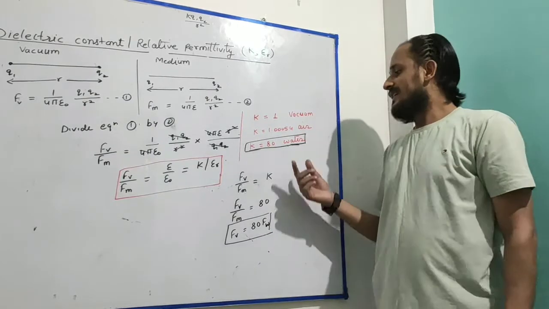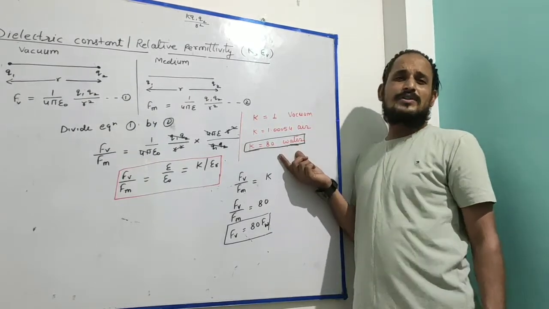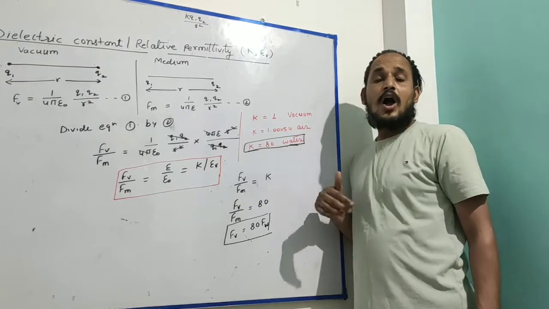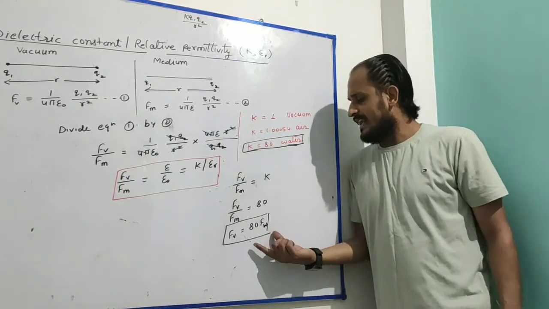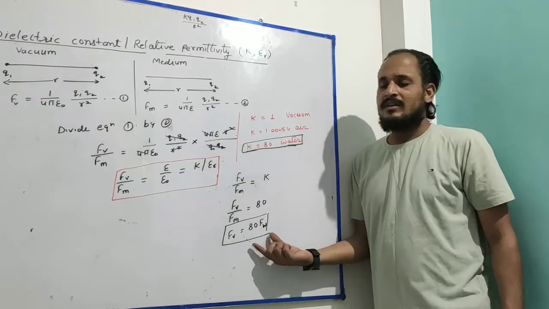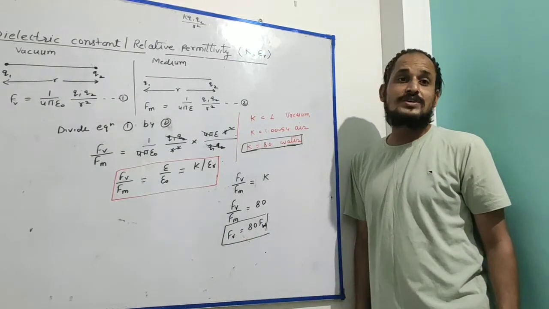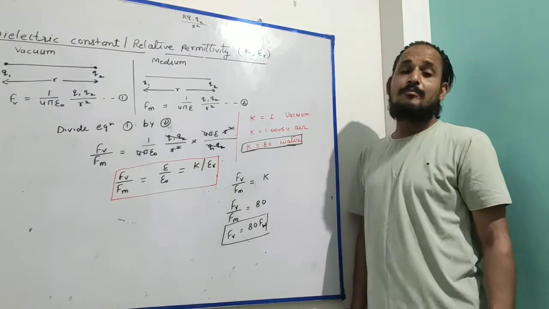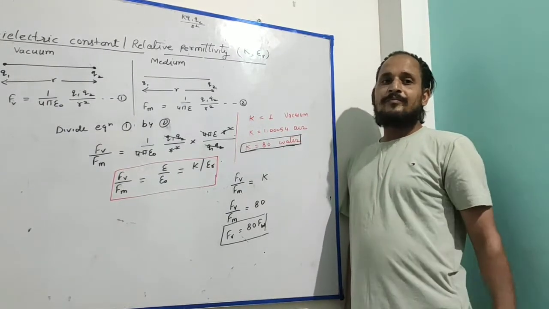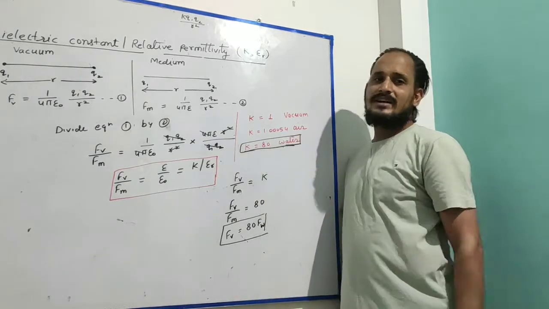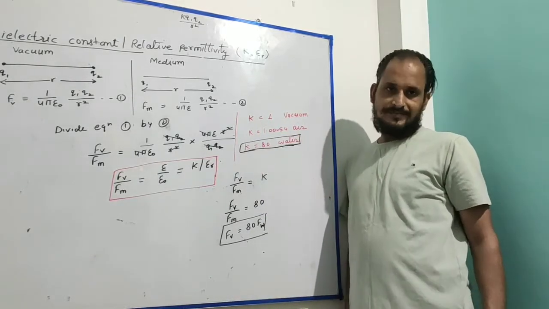So see, the dielectric constant gives information about how many times the force will act in a medium, and you are getting one more information from here: the force acting between two charges in vacuum is comparatively more than in any other medium, because the value of dielectric constant is always greater than 1.